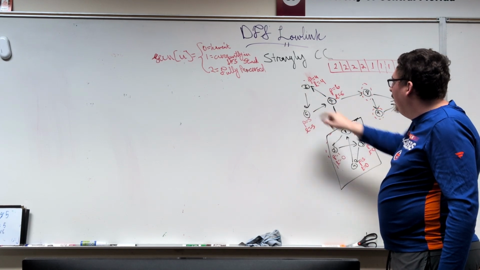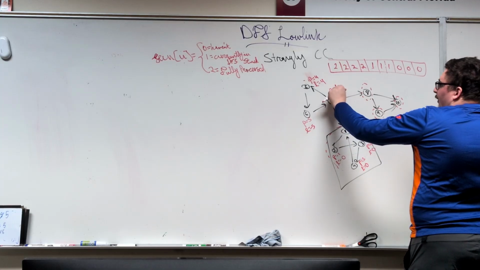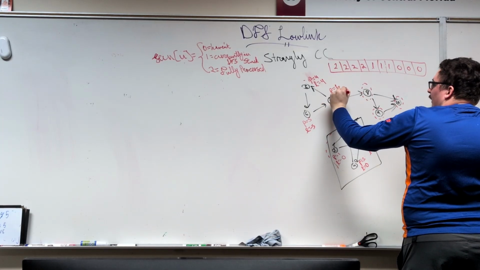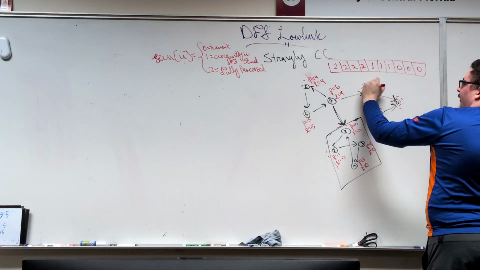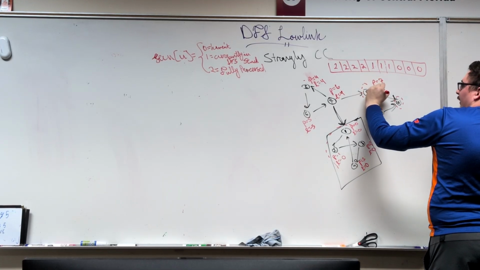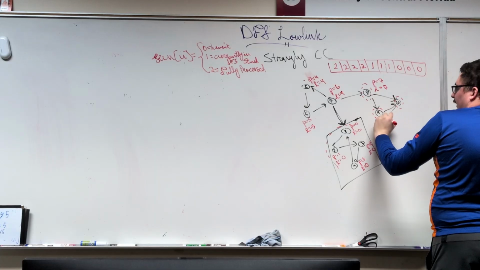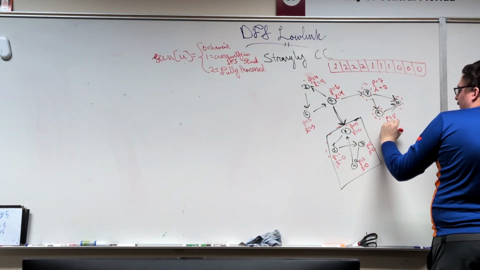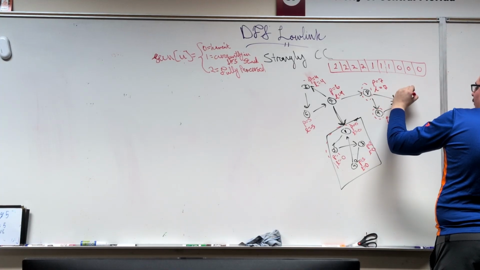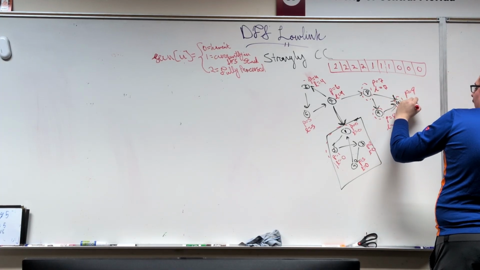So we will update the low link of 7 with the pre-order of 5. So our low link will be 4. 8's pre-order will be 7 with a low link of 7. 9's pre-order will be 8 with a low link of 8. And 10's pre-order will be 9 with a low link of 9.